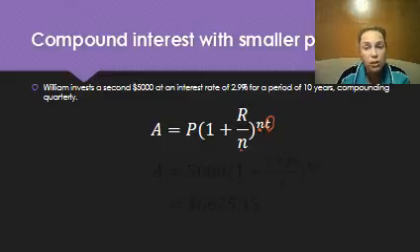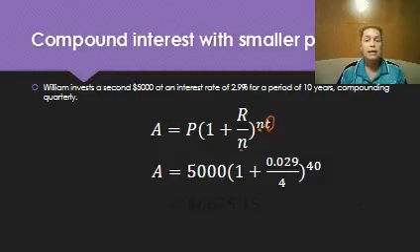So when we substitute into our formula, we have A is equal to 5,000 because that's our principal, 1 plus 0.029, so that's our interest rate, but we divide it by 4 because it's paid 4 times a year. So if it's 2.9% annually, if it compounds every quarter, we have to divide by 4.